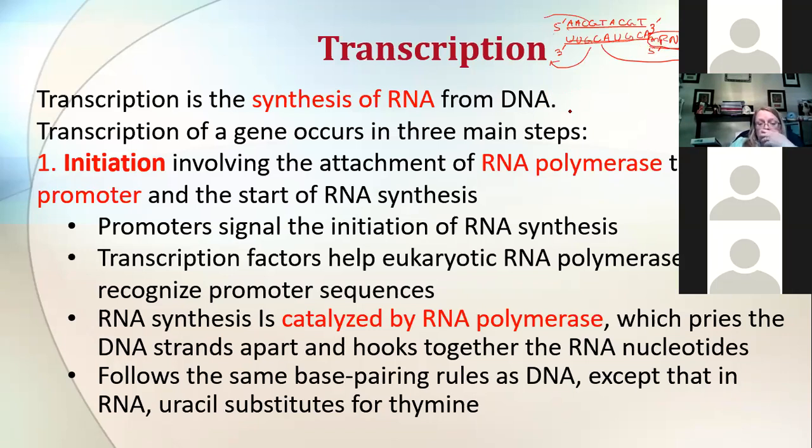Now, what happens in transcription? Like DNA replication, which we studied last week, where you have seen the entire length of DNA being copied, a small portion at a time, but the entire length of the DNA copied.